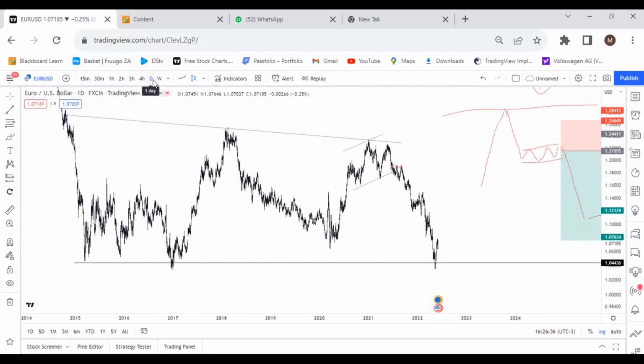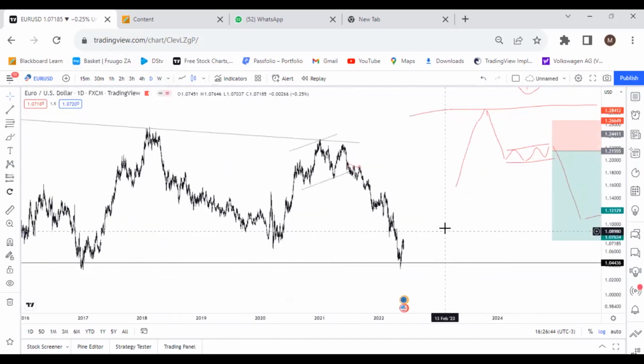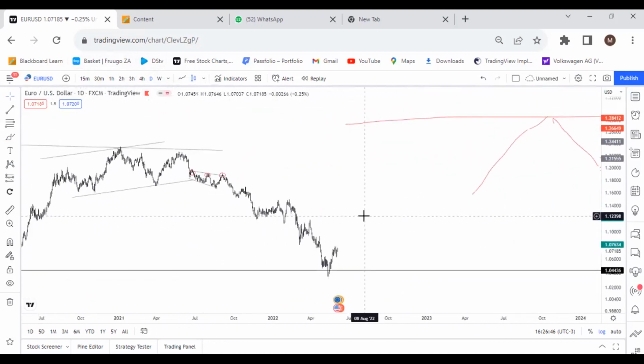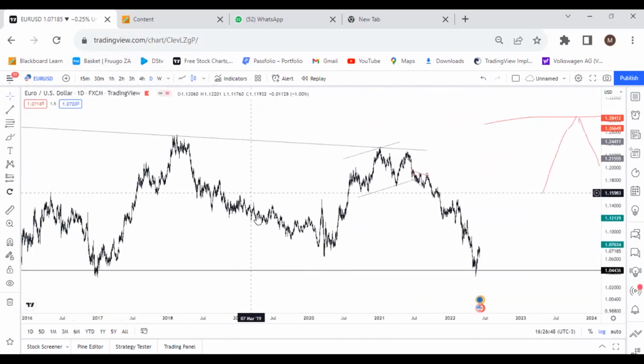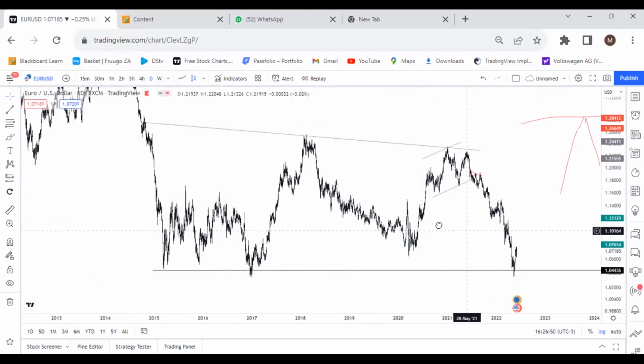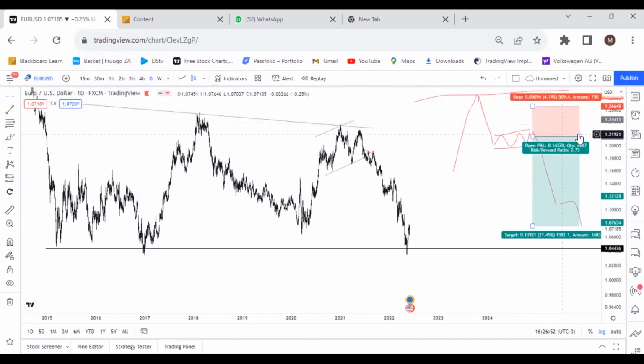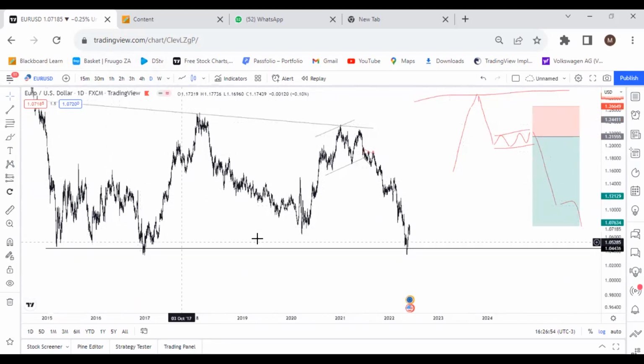So this is how you should have analyzed euro US dollar, and since we're just back testing, we can focus on the current price before we move on to the other scenarios. So I just want to give you a prediction of what could happen with this euro US dollar.